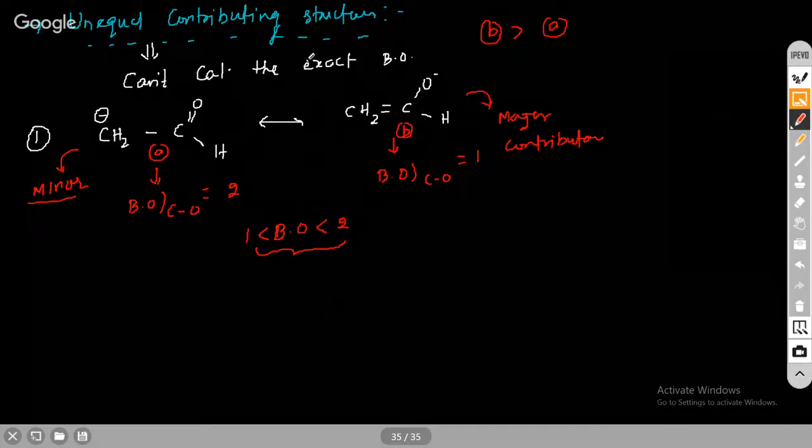That's why the bond order of the real hybrid, RH, will be closer to 1. So the value of bond order will be somewhere between 1 and 1.5, that we can say.